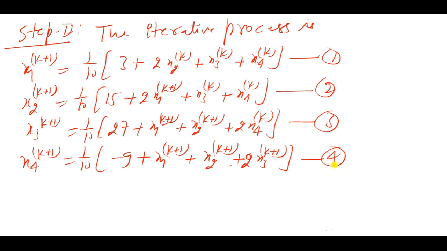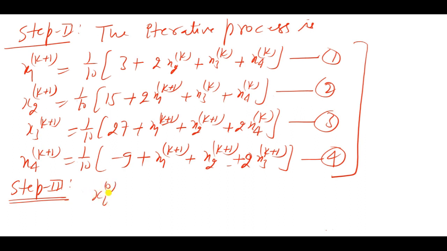So the iterative scheme or iterative procedure for the Gauss-Seidel method is given by equations 1, 2, 3 and 4. Now in step 3, the initial approximation, that is xi^(0), where i is equal to 1, 2, 3, 4, so this is x1^(0), x2^(0), x3^(0), x4^(0). If an initial approximation is given, then use those particular values.